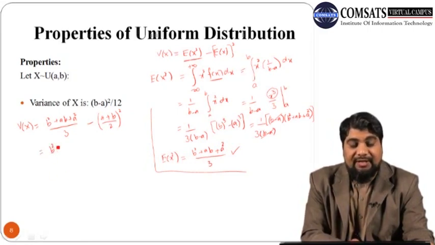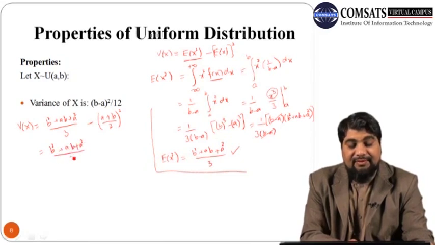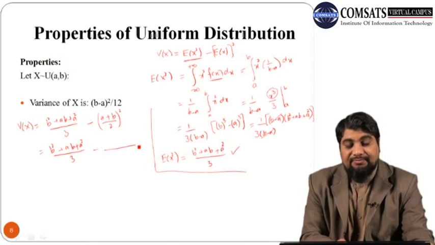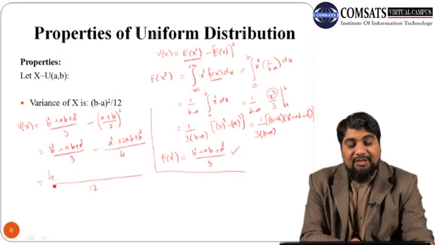Now simplify it. Write the first fraction as it is, and then here it is (a square plus 2ab plus b square) divided by the square of 2, which is 4. Now take the LCM of 3 and 4, which is 12.